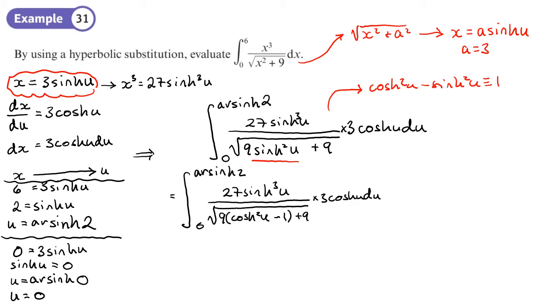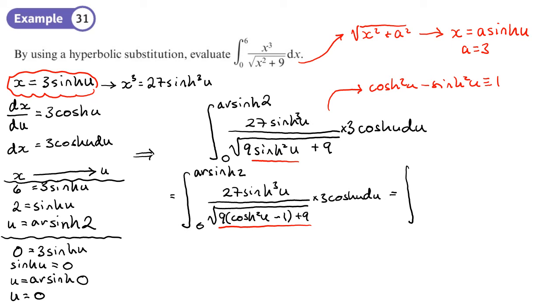If we tidy up the bottom, you'll have 9 cosh squared u minus 9 plus 9, so the 9s cancel out. You're just left with 9 cosh squared u, and if you square root that, you end up with 3 cosh u.